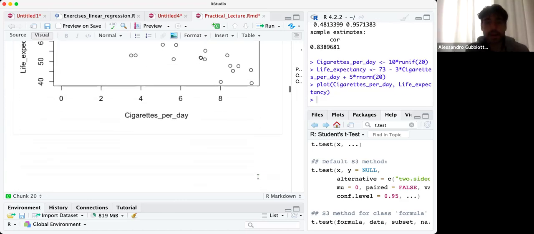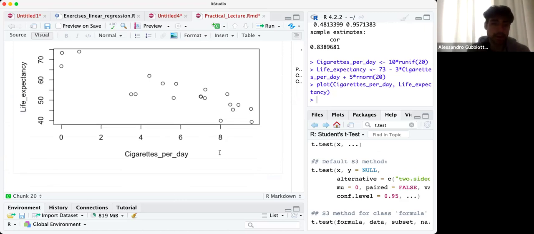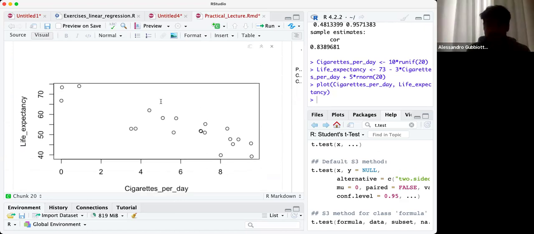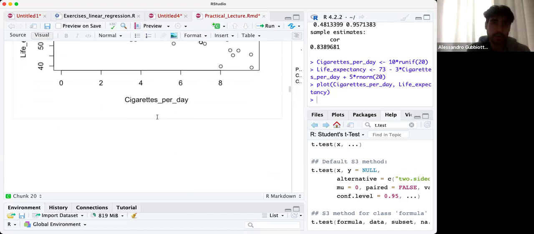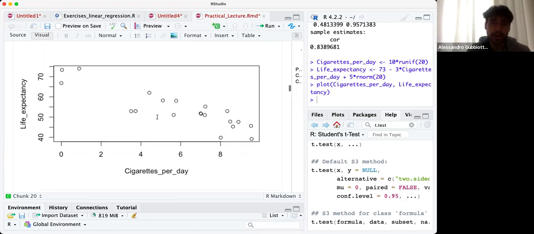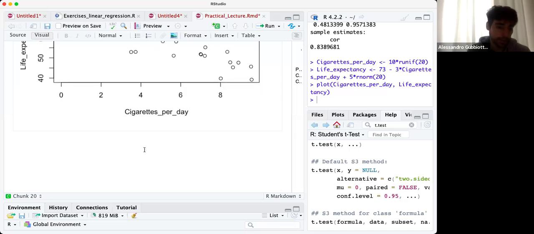And now one could say, okay, causation is not correlation, so what do you want? Okay, so what can we do? The fact is that we can test the causal diagram. The first one is that cigarettes cause some disease which lowers the life expectancy.